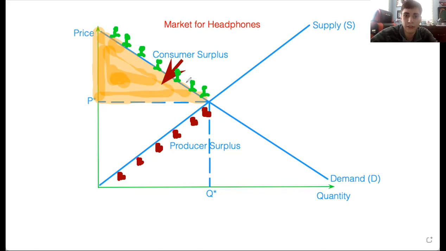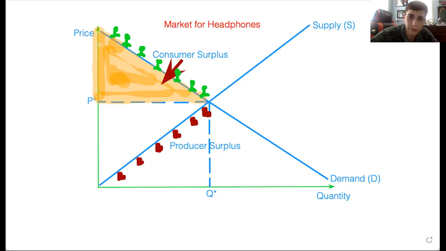Now let's say that there's a certain point where the producer or the consumer says, I'm no longer willing to pay any more for a pair of headphones, then you'll go and get this line. And let me go and create a line. So you'll get this line.